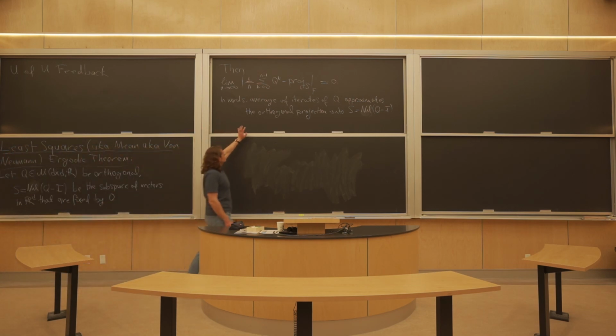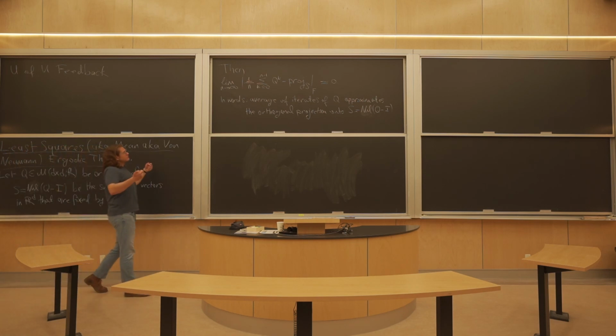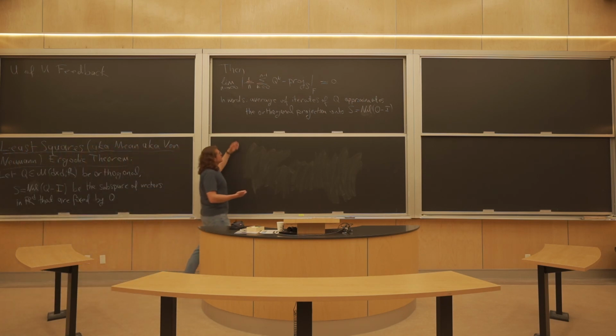The ergodic theorem says this. If I take iterates of Q, this orthogonal matrix, and take their average, the larger the average I take, the better I'm going to approximate the orthogonal projection onto the space. And in the limit, I'm going to actually reach it. So maybe I should write it here.